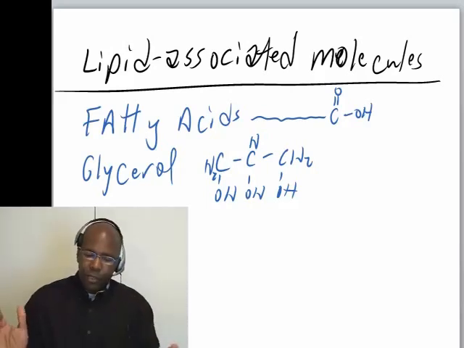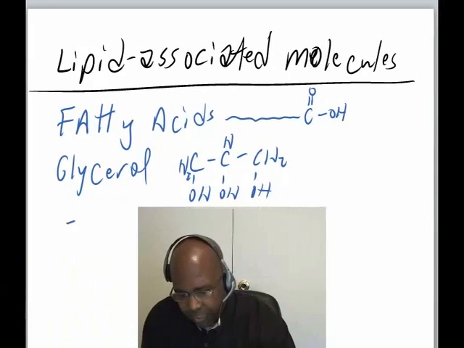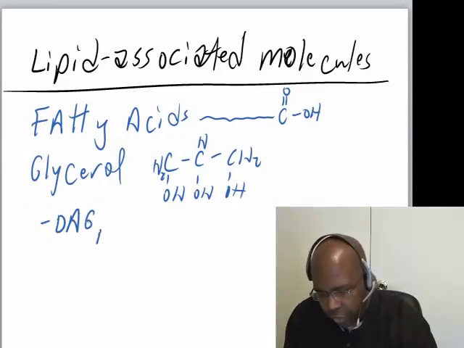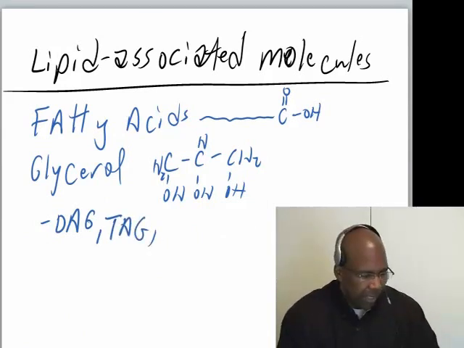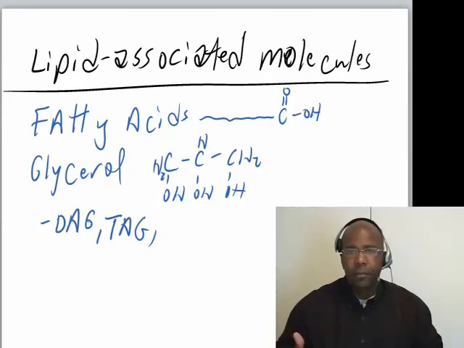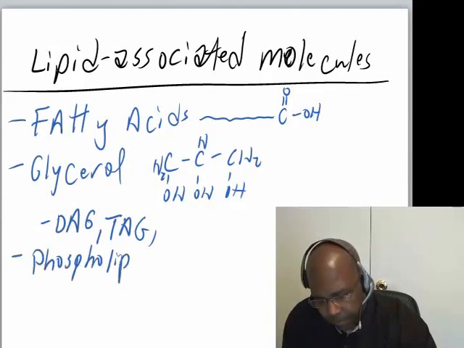and glycerol can join with the fatty acids to make acylglycerols. We can have diacylglycerols, 2 fatty acids attached to glycerol. We can have triacylglycerols, 3 fatty acids attached to glycerol. That's how energy is stored in our body. If you have 2 fatty acids and add a phosphate, we can make phospholipids.